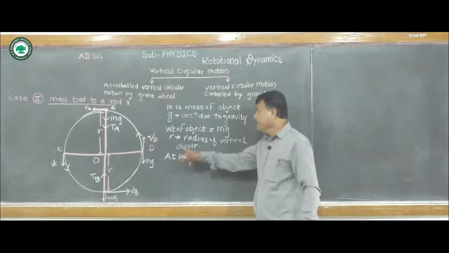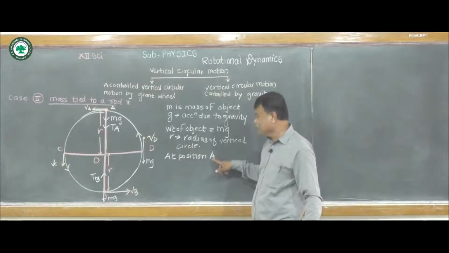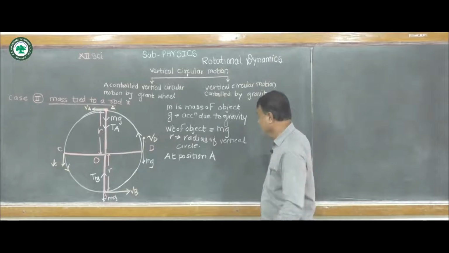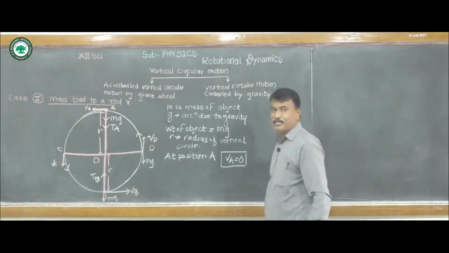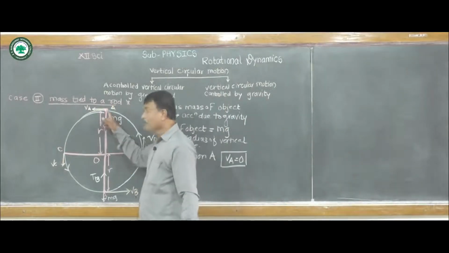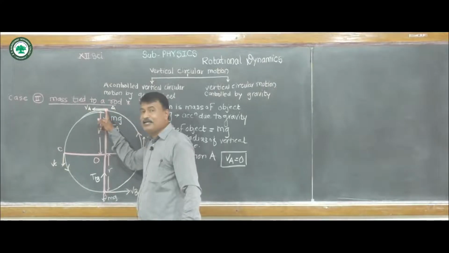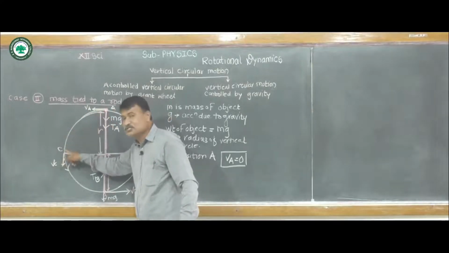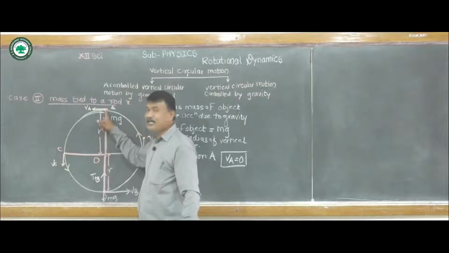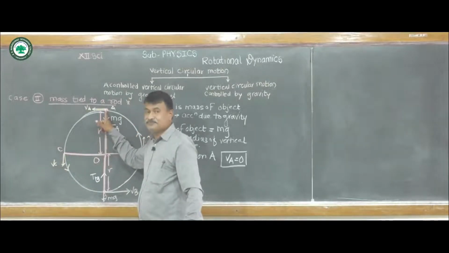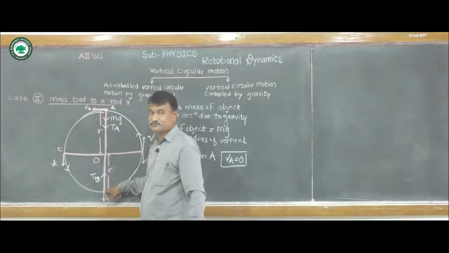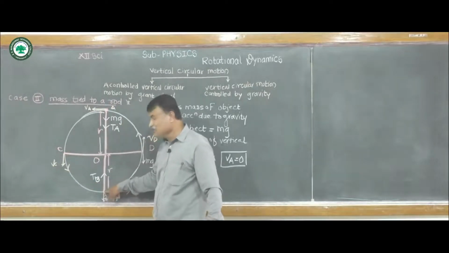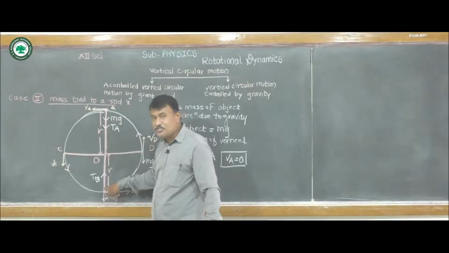Now when this point mass is at position A, then its velocity is minimum, and that is equal to 0. But due to the inertia, this particle moves along the circumference of a vertical circle, and in that case its potential energy goes on decreasing and kinetic energy goes on increasing. Now when it reaches the point B, its velocity is maximum.